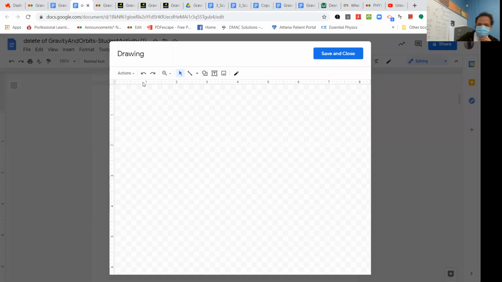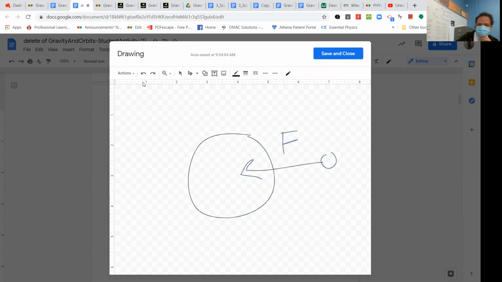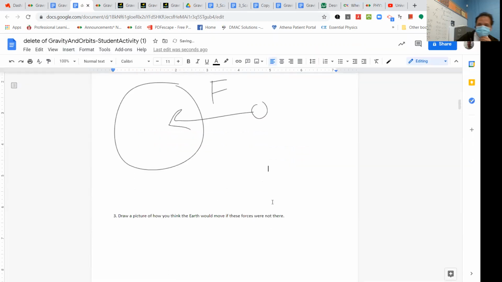How do the forces look on the sun and the Earth? So you go here to scribble. So here's my sun, here's the Earth. So what do the forces look like? Oh, this force, maybe there's just one big one. I don't know. Is that what it looks like? Is that what we've been talking about in gravitation? Check the notes to put that in. But that's my guess. There you go.